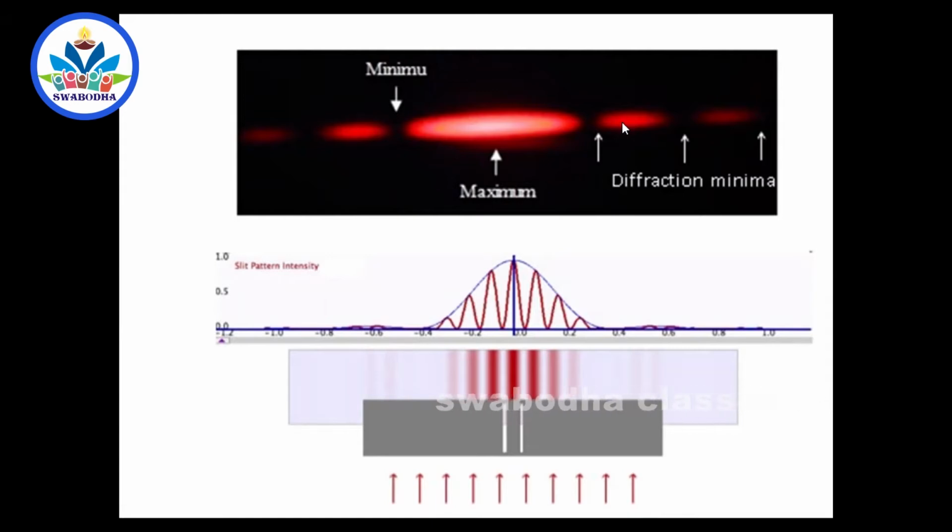If you pass X-rays through a crystal, depending on how the atoms are arranged, these atoms will diffract the X-rays, and they will form a pattern on a photographic plate. Depending on the type of arrangement, whether it is face-centered cubic, body-centered cubic, or simple cubic, you get a pattern on the photographic plate.